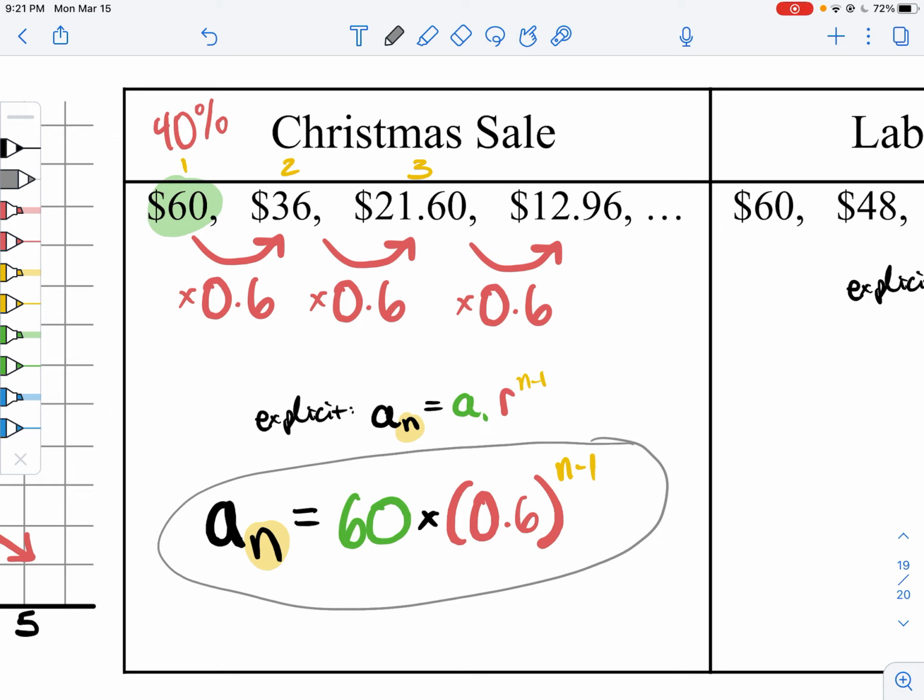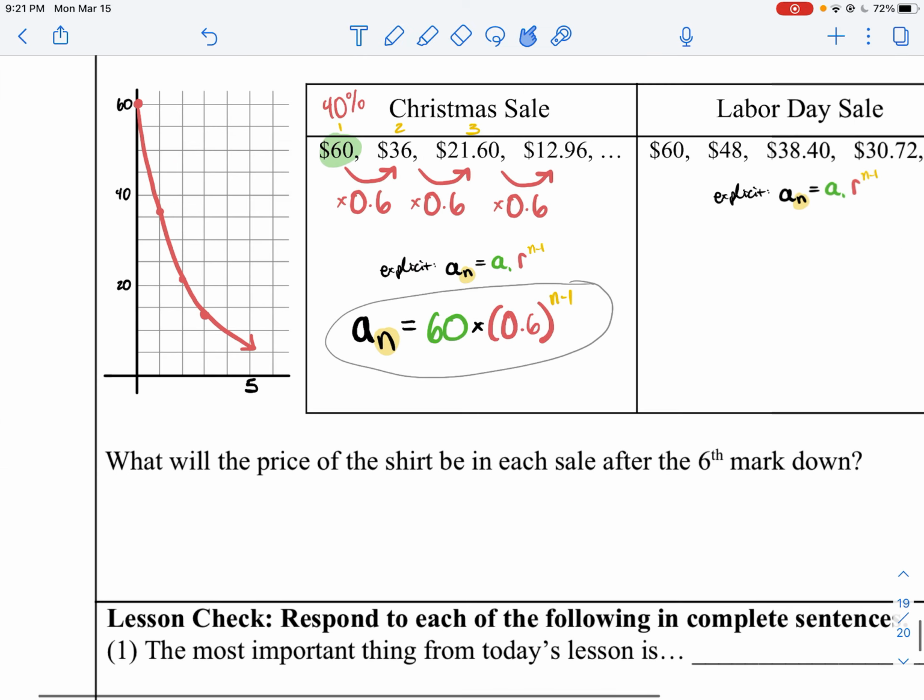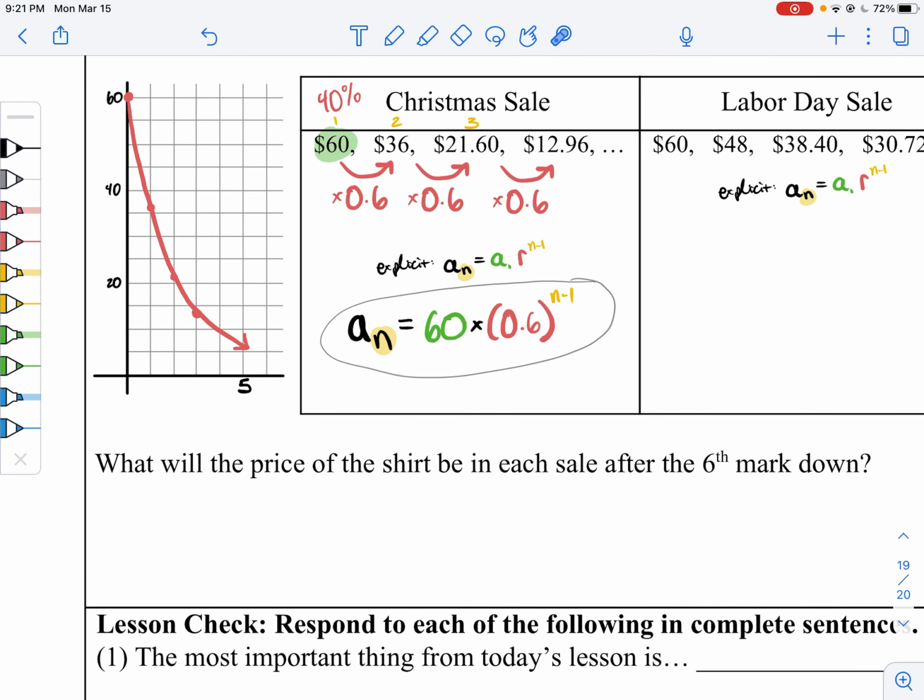Now, after the 6th mark down, that's going to be, oh, just kidding. After our 6th mark down, that's going to be our 7th term of the sequence, actually. Because 1 mark down gets the second term, 2 mark downs is our third term.